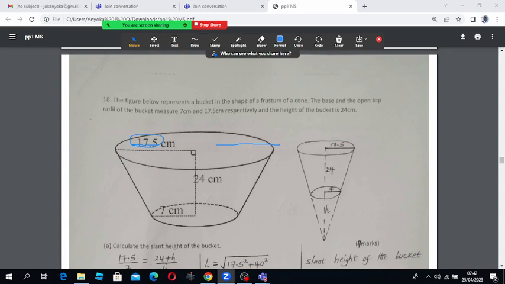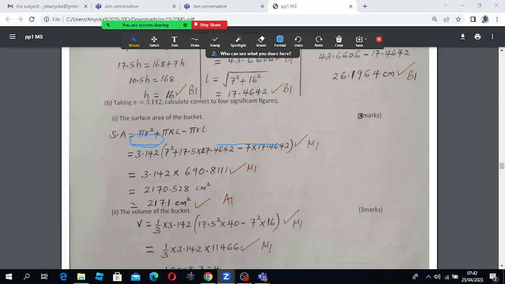The base and the top radius. Are we convinced that the bucket was open? Open top, yes. It is communicated. So once you listen clearly to the question and you are told that the top is open, we must adhere to that.